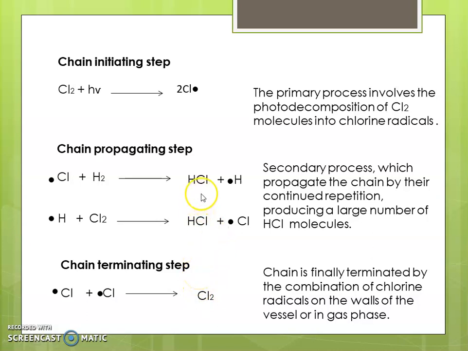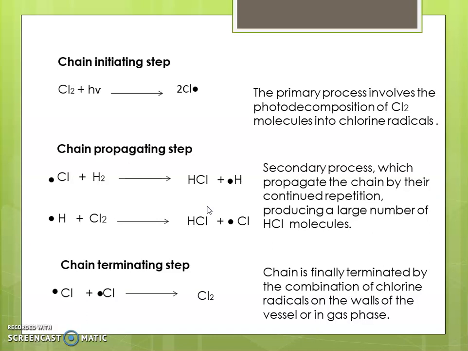Thus, we can say that the number of chlorine molecules that undergo reaction per quantum of radiation absorbed is very large. That is, quantum yield is very large. If the number of molecules that undergo reaction per each quantum of radiation is very large, that means quantum yield is very large.